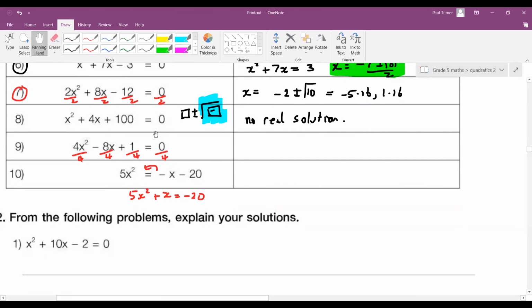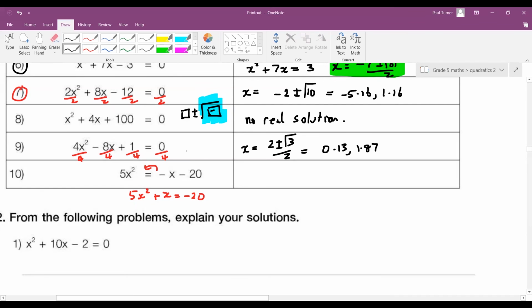Okay, that's question 8. Question 9, we end up with x equals 2 plus or minus root 3 on 2, which is 0.13 and 1.87. So check you can get these.